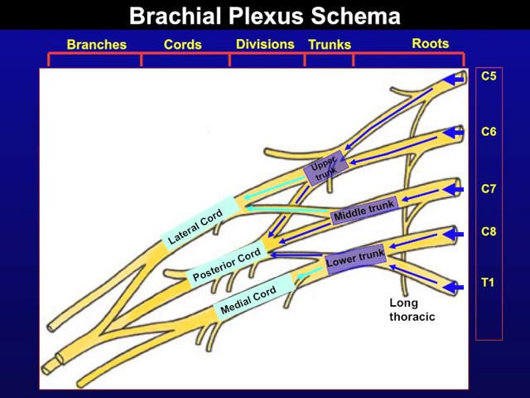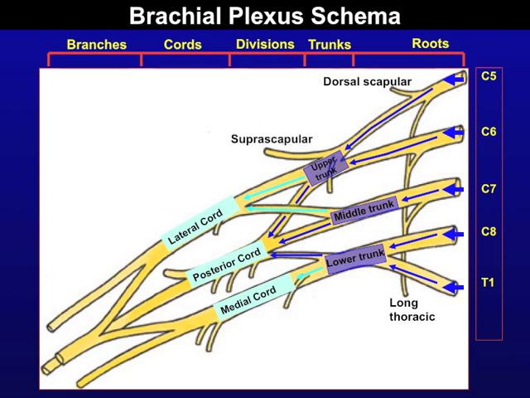From the upper three roots, C5 to C7, the long thoracic nerve will form and travel to the serratus anterior. From root C5, the dorsal scapular nerve emerges to innervate the rhomboids and levator scapulae muscles.